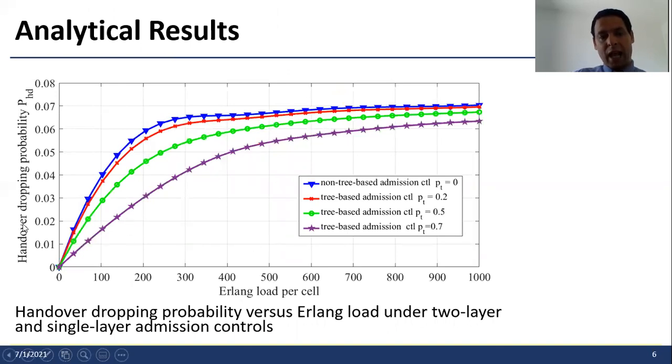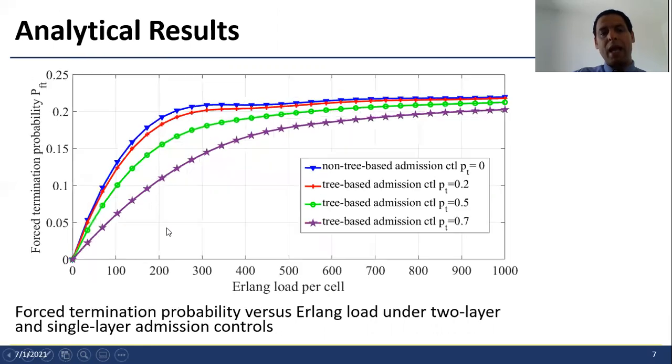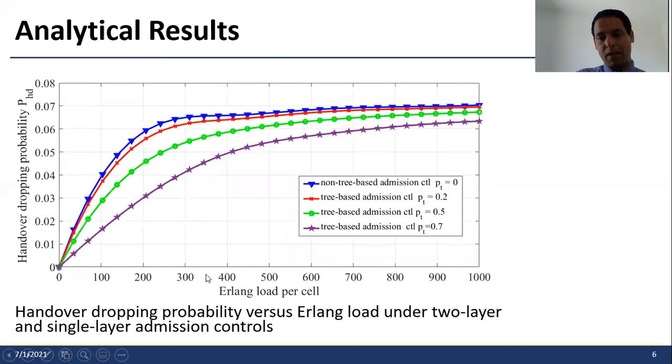As you can see, the handover dropping probability and the forced termination probability both increase as the load per cell increases, because it is all related to available channels in each cell. But what's important as well is that once the tree-based admission probability increases, the handover dropping probability decreases.